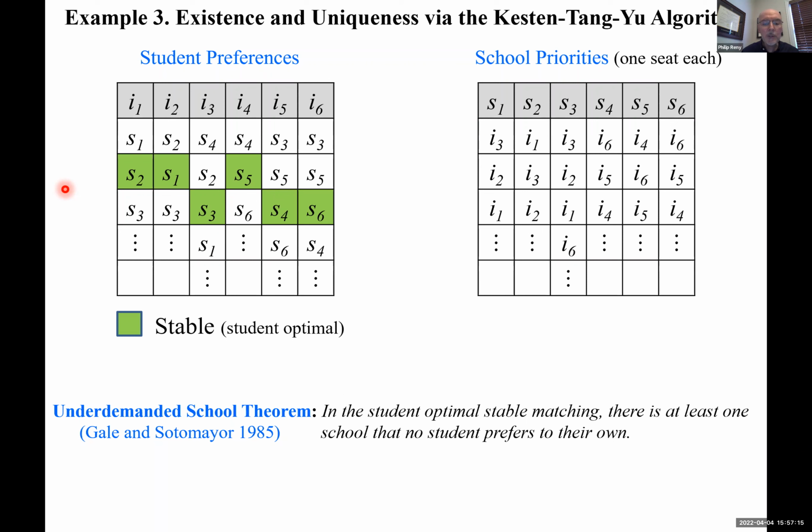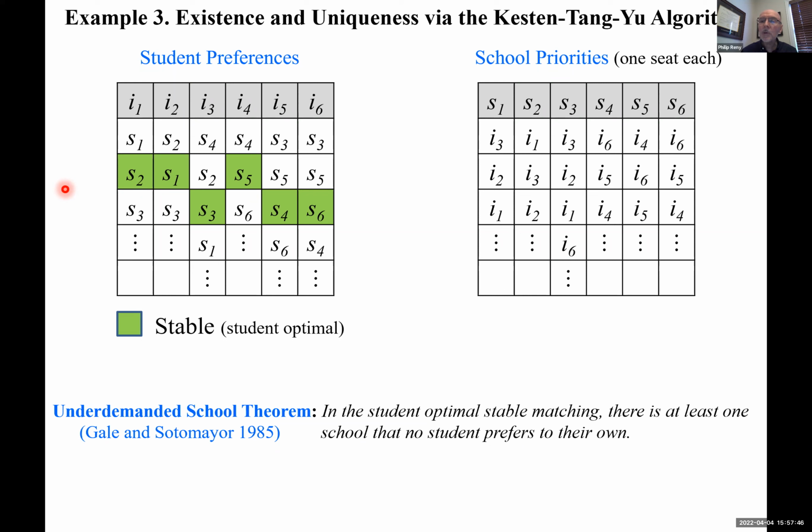Under-demanded school theorem: in the student optimal stable matching, there's at least one school that no student prefers to their own. Okay, so take the student optimum, any matching problem where there are at least as many seats as students. Then in the student optimal stable matching, there is always at least one school with the property that no student strictly prefers that school to their own.